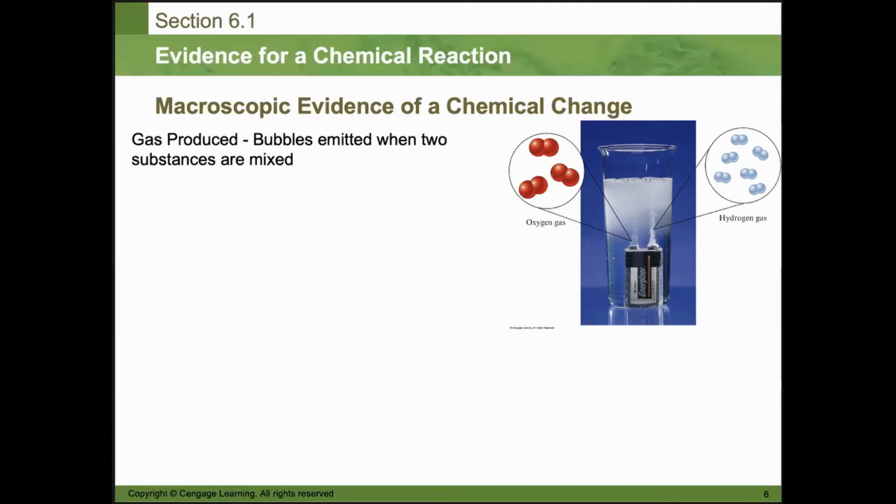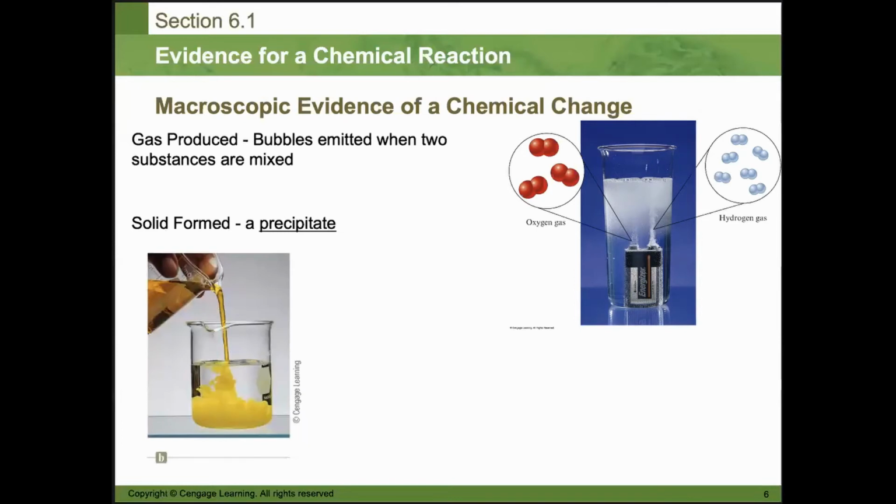A second thing that we'll see is the formation of precipitates. So we saw this when we mixed the seawater with silver nitrate, that we formed a cloudy white precipitate in our solution. Here's an example of a different kind of chemical reaction. We take this one component, which is liquid, we mix it with another liquid, and what we create is a yellow, cloudy solution.